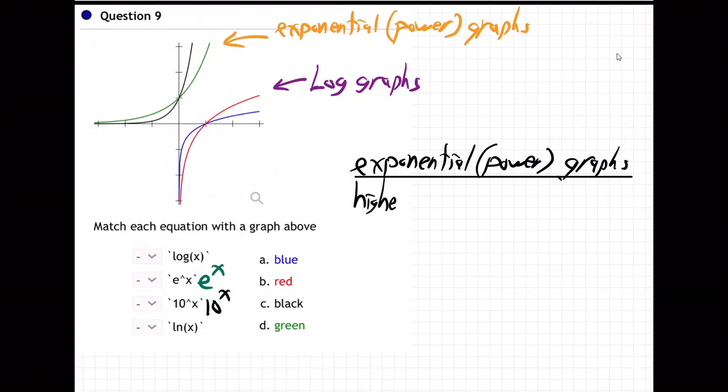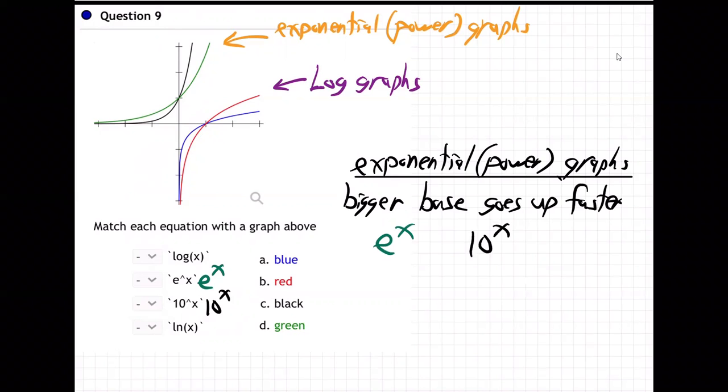Higher base goes up faster. Bigger base goes up faster. It just sounds more catchy. Bigger base goes up faster. Smaller base goes up slower. I mean, it's pretty simple. Well, how do you know which one's bigger? Well, we have e to the x and we have 10 to the x.